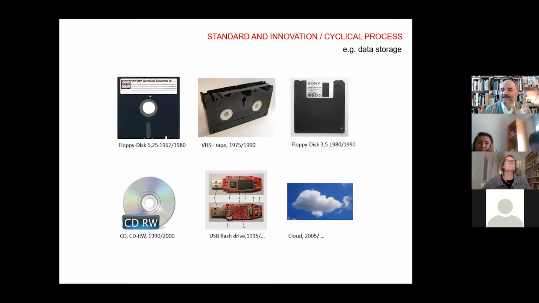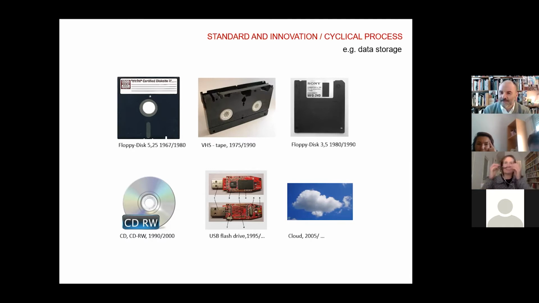This is a sample of what innovation means. In the 80s, I imagine that the students won't remember this, we were using floppy disks. The capacity was 5.25 inches. Then there were the VHS tapes for video recording, not only for data.